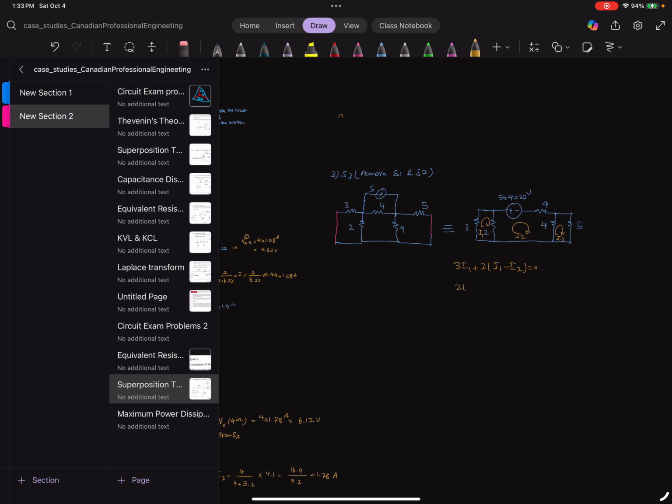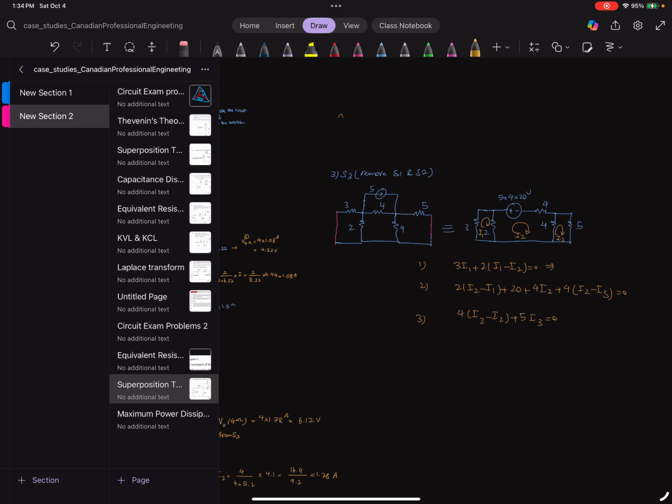Second loop, 2I2 minus I1 plus 20 volt plus 4I2 minus i3 is 0. This is the second loop. The third loop, 4i3 minus i2 plus i3 is 0.